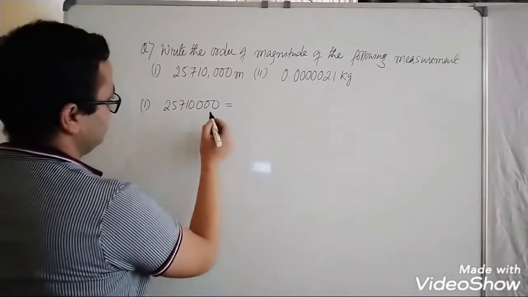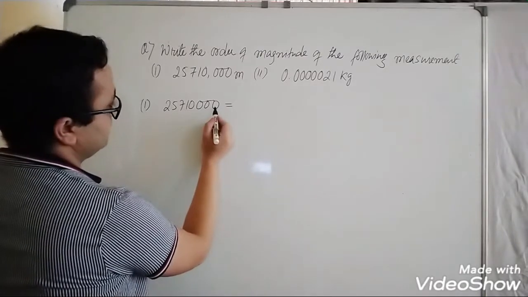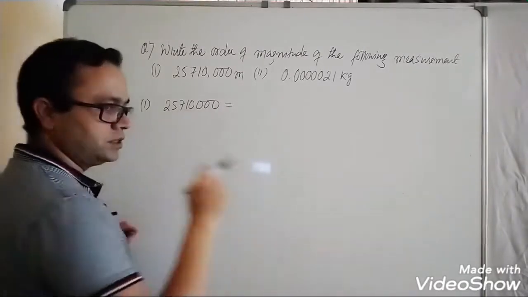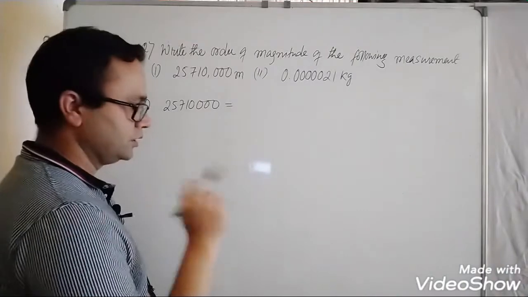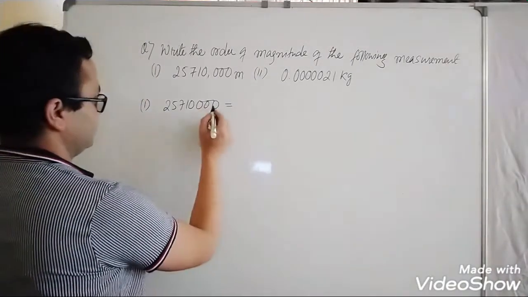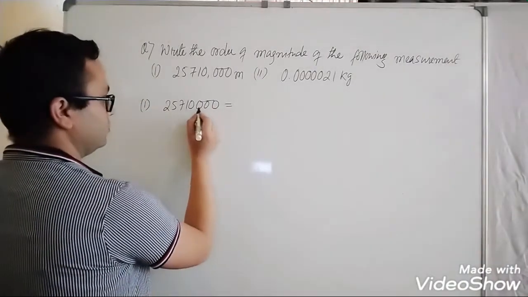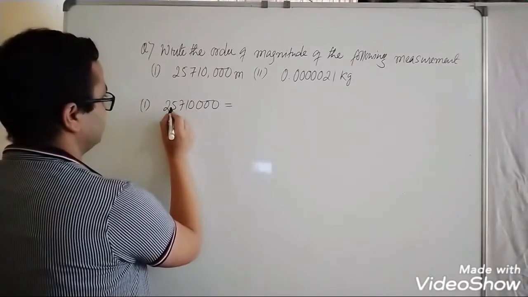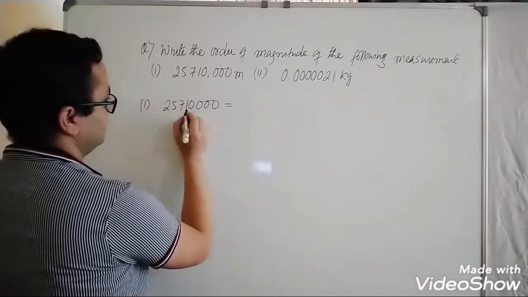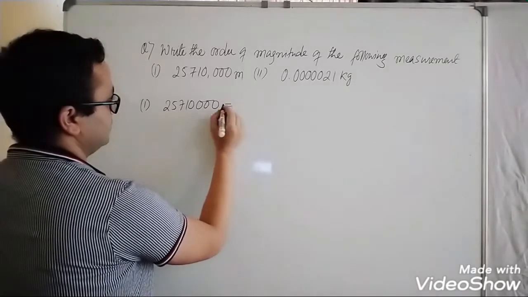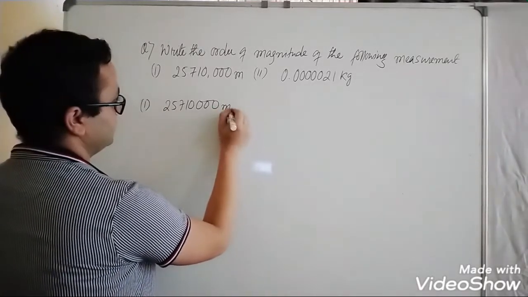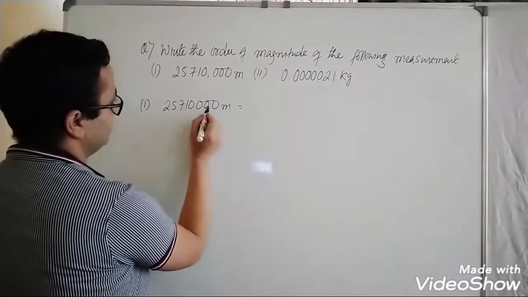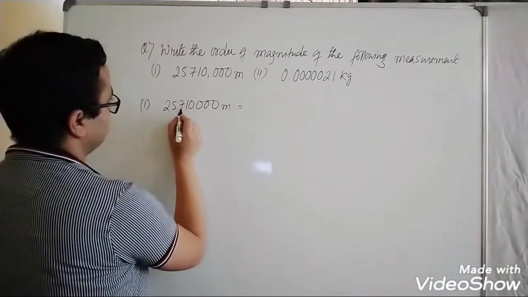First count the digits from the right-hand side up to the least significant: 1, 2, 3, 4, 5, 6, 7.